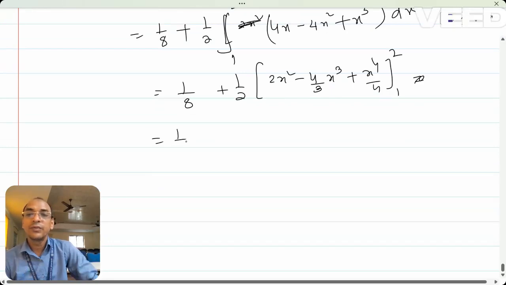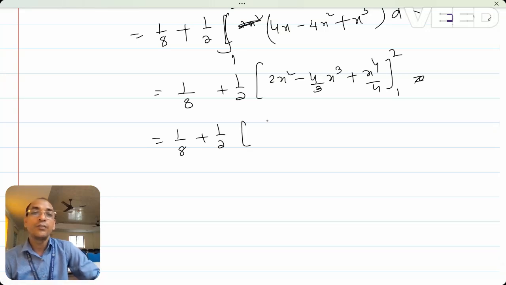This is equal to 1 by 8 plus 1 by 2, and for the upper limit you put 2 squared into 2, which is 8, then 32 by 3, and then 2 to the power 4, which is 16, and 16 by 4 is 4.